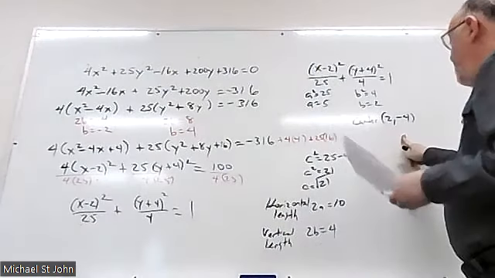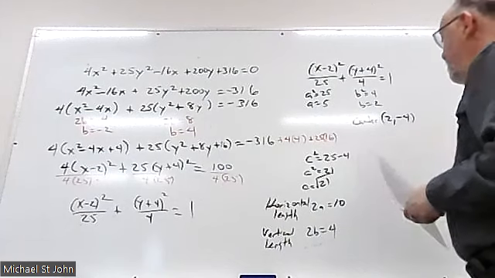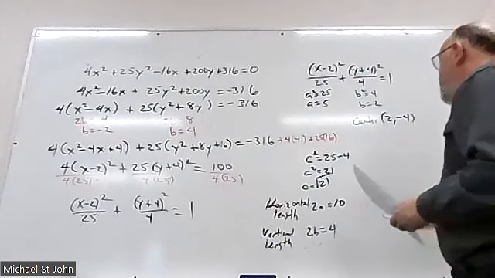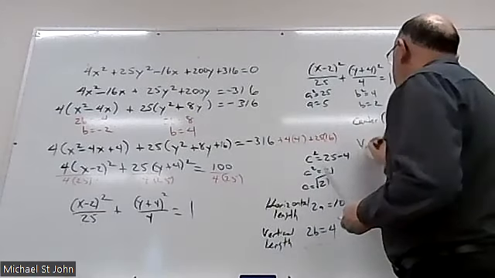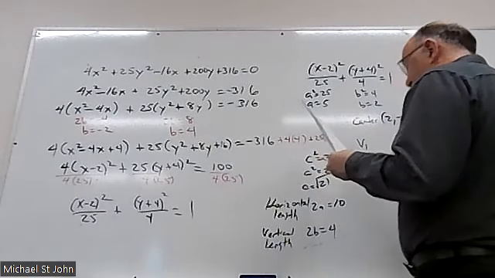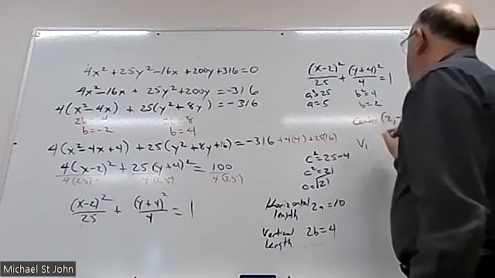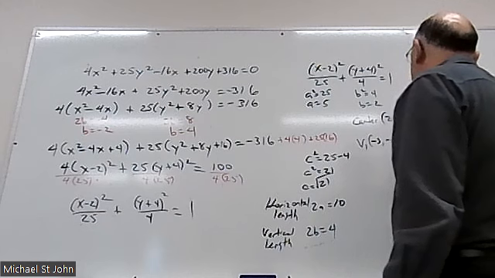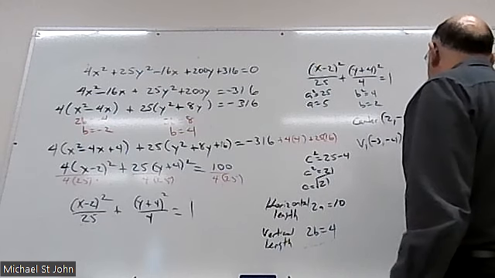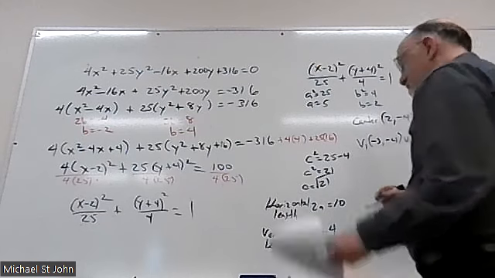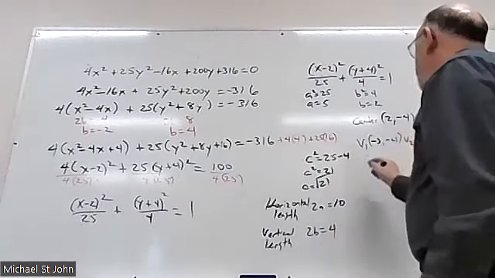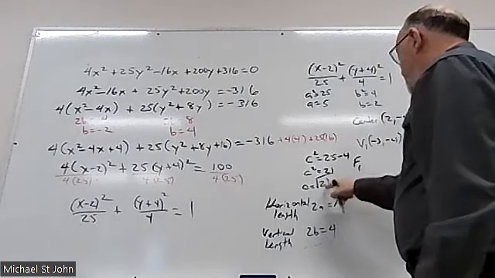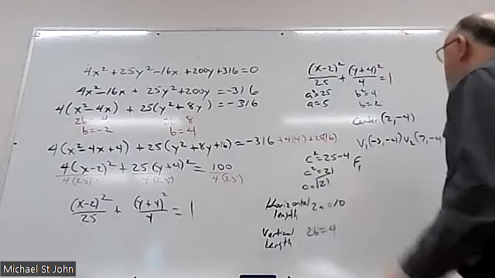And now to get the vertices, we need to add this 5 on either side. So the first vertex is going to be 2 minus 5, so -3, -4. And the second will be 7, -4. And then my foci are going to be in terms of this square root of 21.